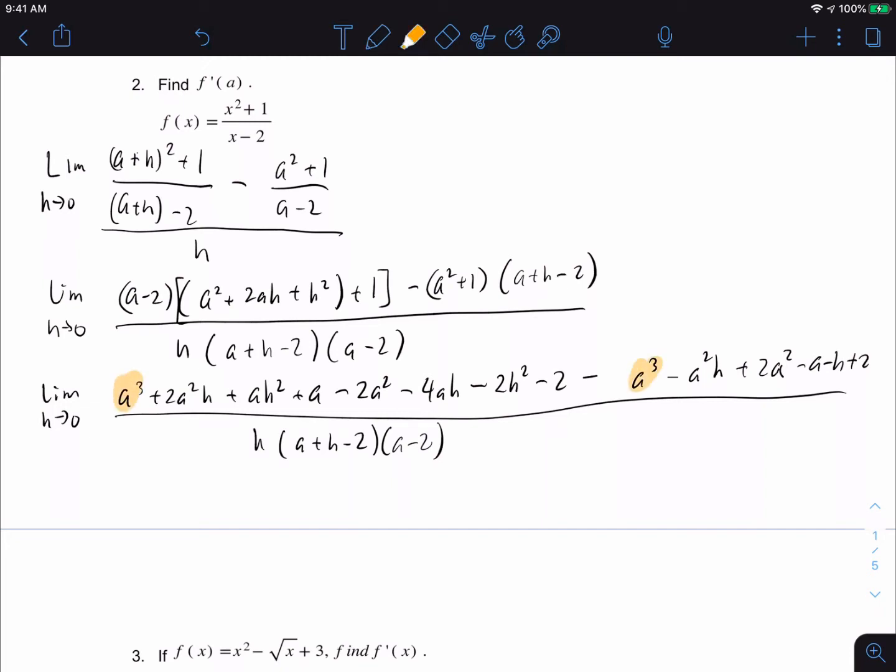What else can go? Looks like this can go. A can go. 2 can go. I think that's it.